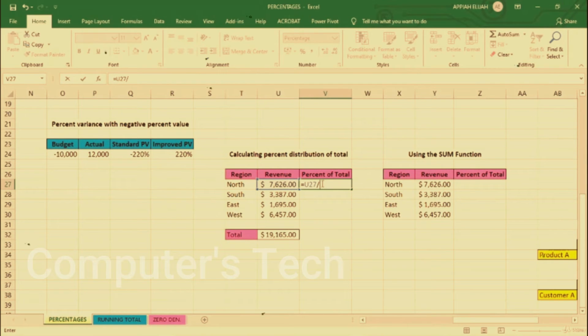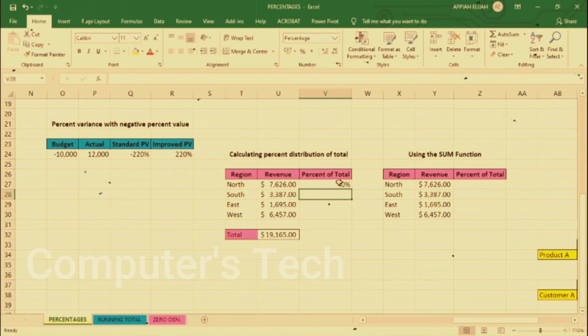So we make use of the dollar symbol. So we enter our dollar, and then this value is located in the U column, and which row? 32. So it becomes our dollar applied to the column letter, which is the U, and then our dollar again applied to the row number, which is 32. And then we press enter, and it will give us the result as 40%.